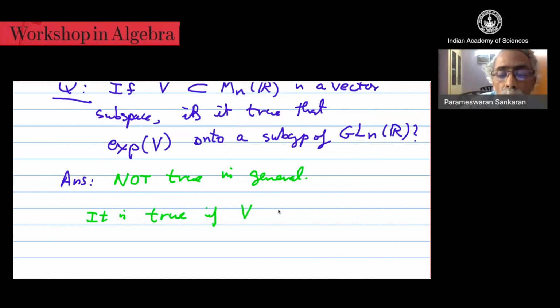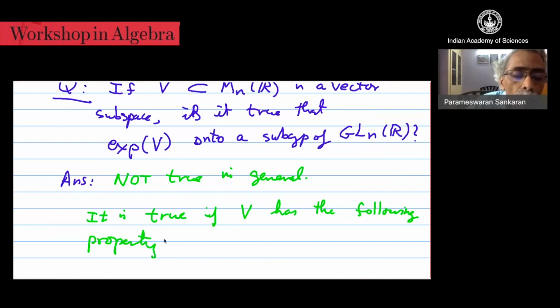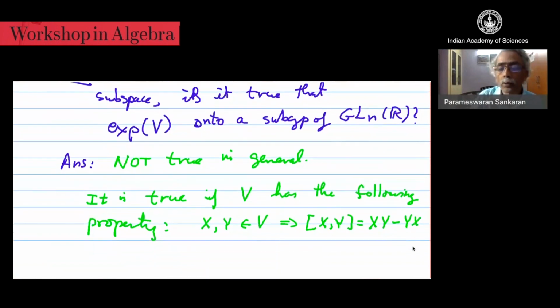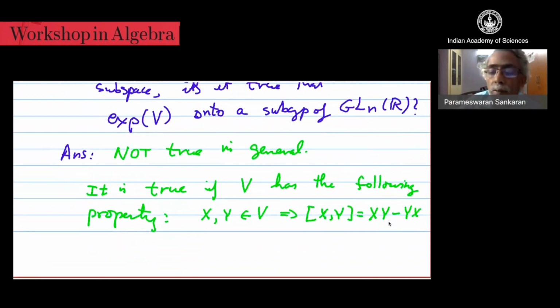V has the following property. What is that property? If X, Y in V implies that the bracket, or Lie bracket, [X,Y], which is defined as XY minus YX, is also in V. You see, these are matrices, so I can form this commutator XY minus YX.